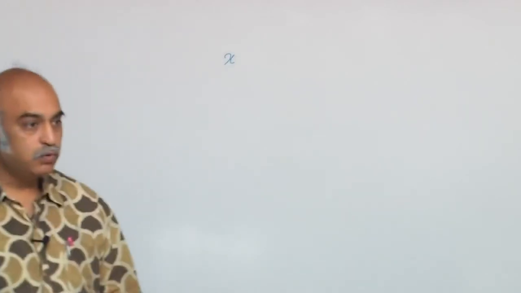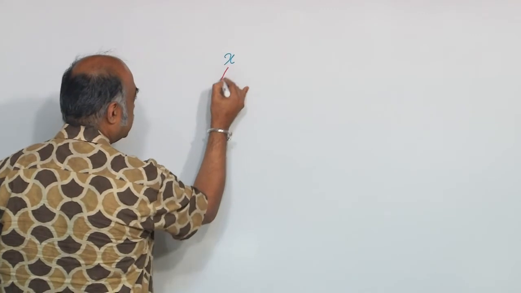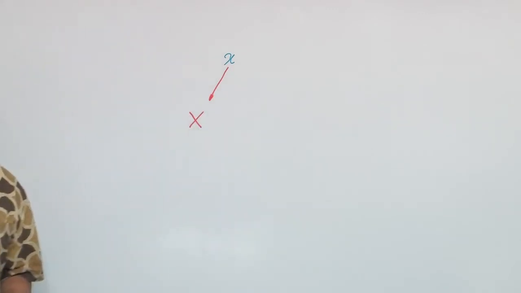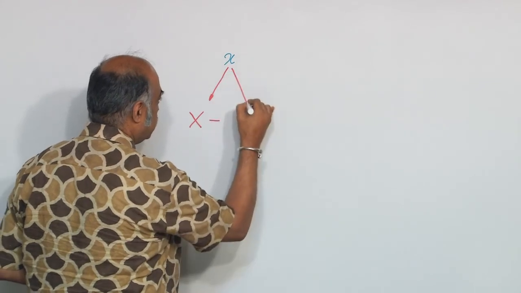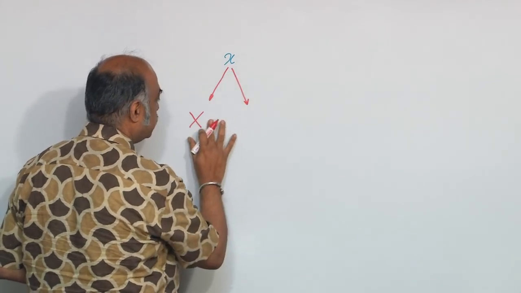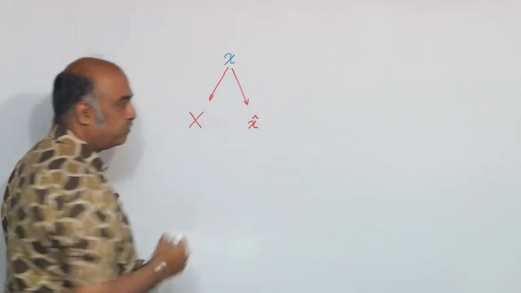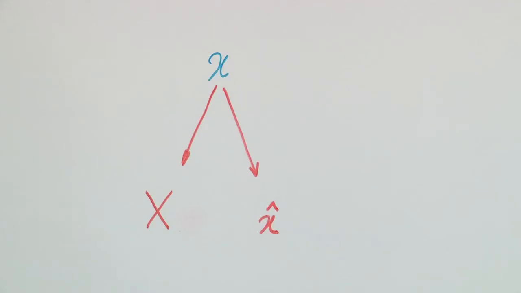So, x will have two parts. It will have a steady state or the fixed operating point, nominal operating point portion, and it will have deviations about the nominal operating point, in the neighborhood of the nominal operating point.